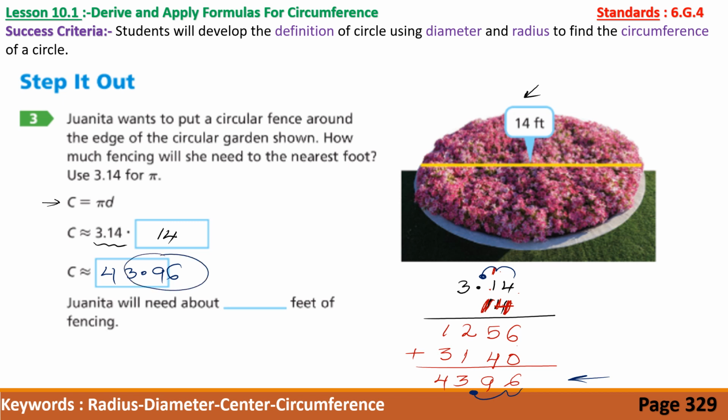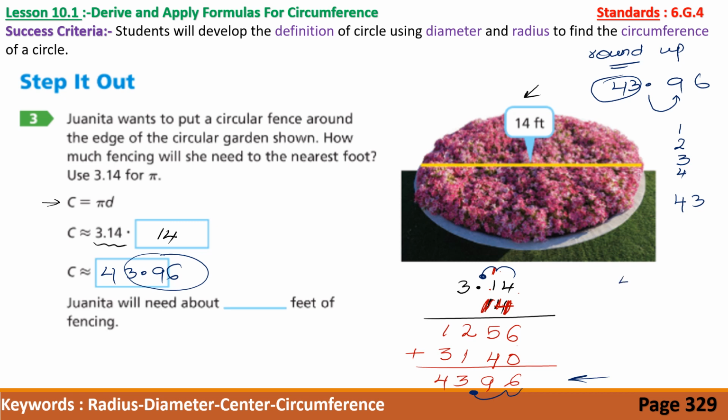Now let's understand the concept of rounding off. So what is it? 43.96. Now after the decimal, if you have 1, 2, 3 or 4, then you will write the number as it is. 43 you will write.